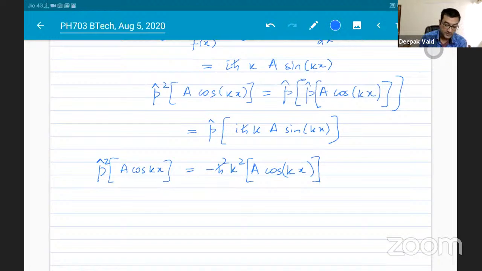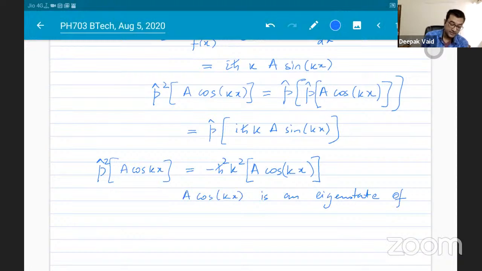Now what does this tell me? This tells me that this A cosine kx is an eigenstate. This is an eigenvalue equation. You can see this: this is my eigenstate, this is my operator. When I act on the eigenstate with the operator, I get the eigenstate multiplied by some eigenvalue.